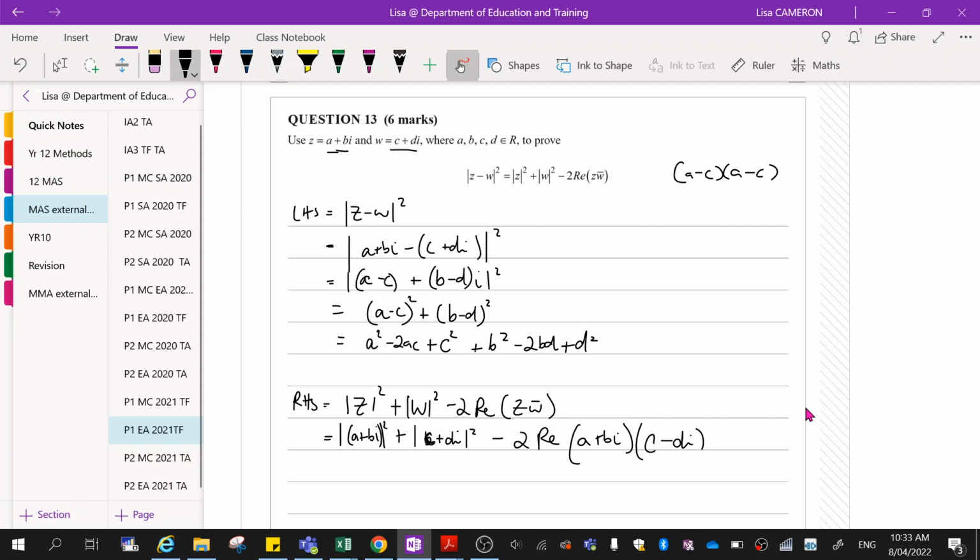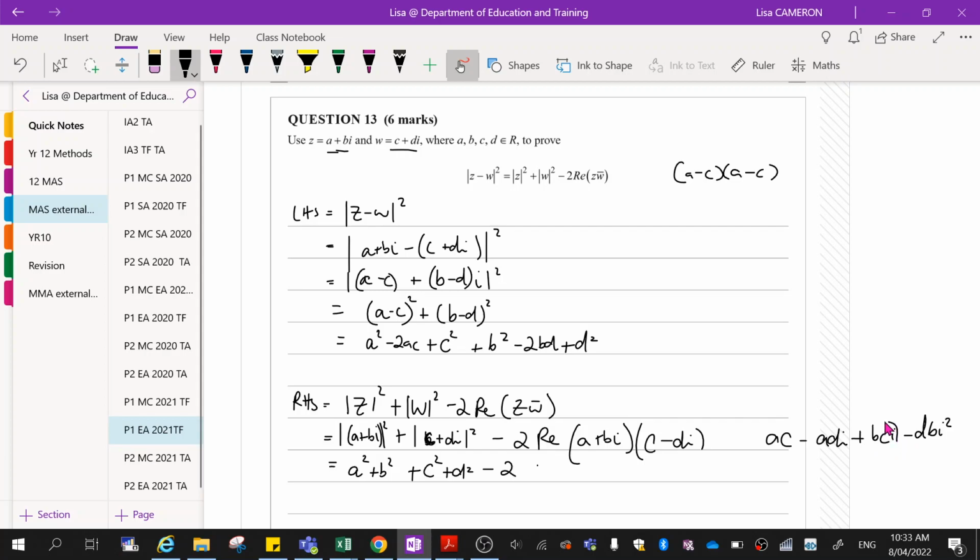Remember, the purpose of the conjugate is to flip it over the axis. So when I square this, I'll end up with a squared plus b squared, and then when I do this part, I'll end up with c squared plus d squared, and then when I take 2 lots of, now we're looking for the real component, so when I expand these brackets out, I'll end up with ac minus adi plus bci minus dbi squared.